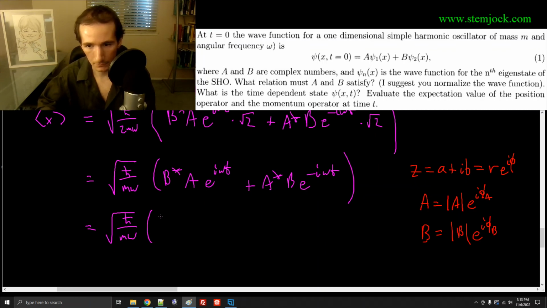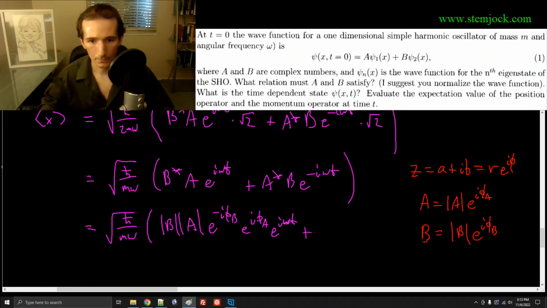The magnitudes of a and b are real numbers, so these don't change. So b star is going to be e to the minus i phi b, and then e to the i phi a, and then e to the i omega t, plus a star b, that's going to be magnitude a, magnitude b, e to the minus i phi a, e to the i phi b, times e to the minus i omega t.